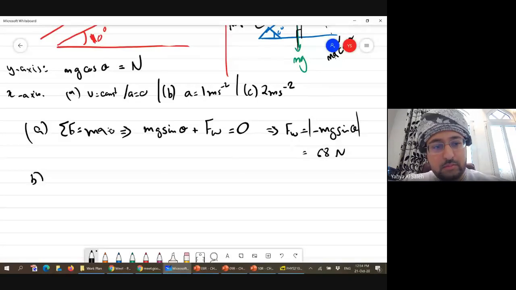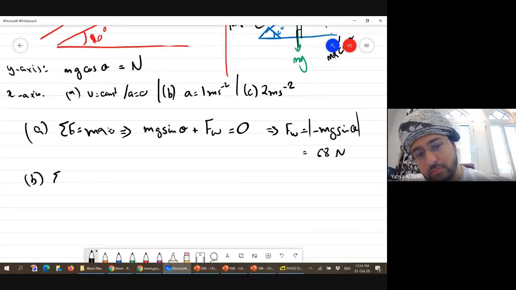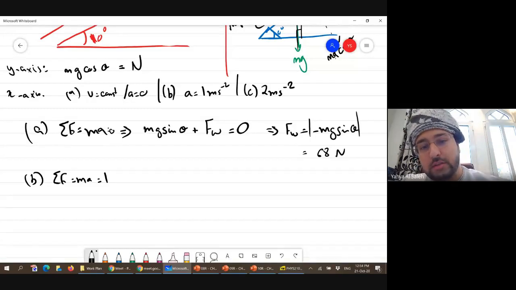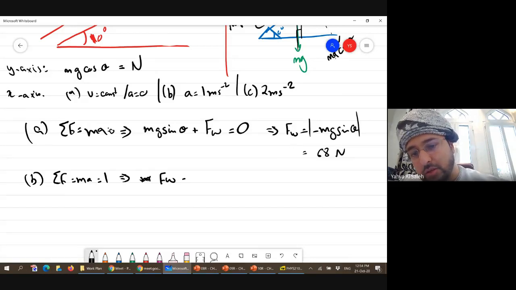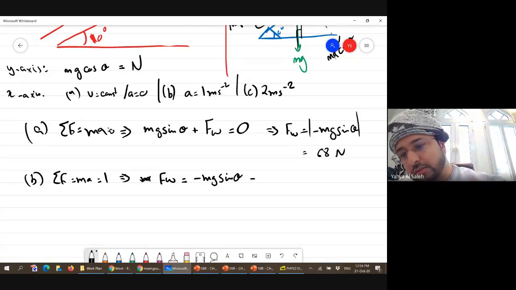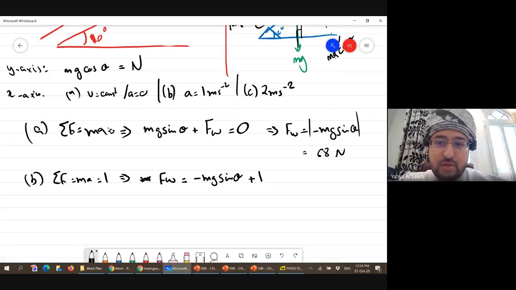Case B, sum of F equals MA, with a equal to 1 meter per second squared, which means that F wind should be equal to minus mg sine theta plus 1 meter per second squared. Yes, I'm not messing up, am I?